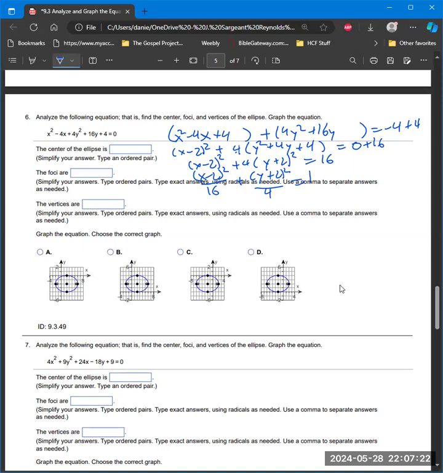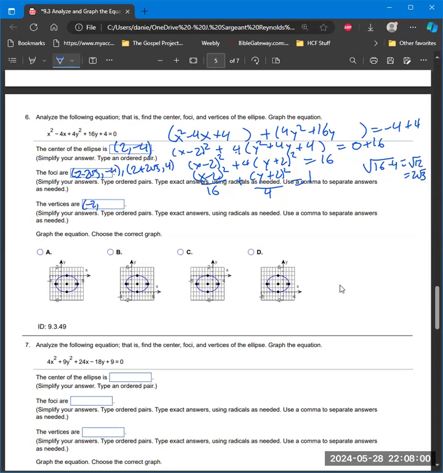So the center is going to be at 2, -2. Foci are at the square root of 16 minus 4, which is 12, which is 2√3. When I take the square root, that's going to be in the x direction that I'm moving that distance. So this is 2 minus 2√3, -2, and 2 plus 2√3, comma -2. Vertices are going to be, again, moving in the x direction 4.